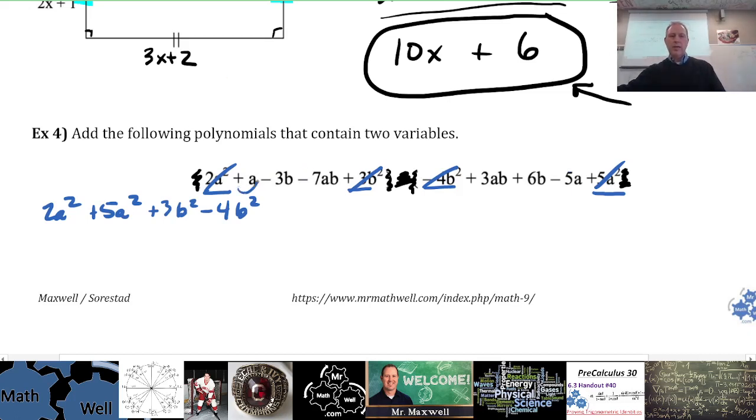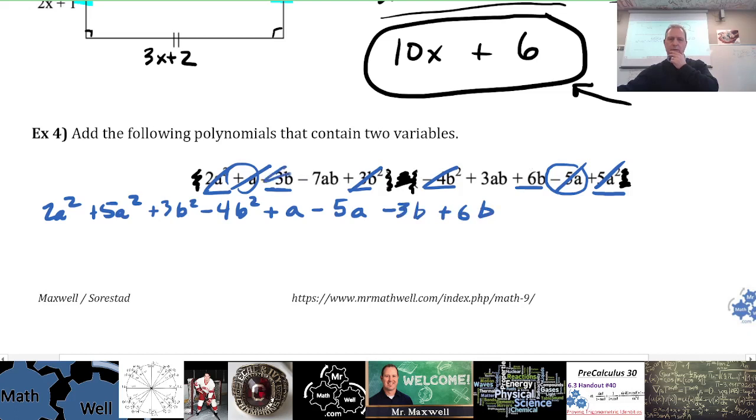Here's an a. Is there another a term somewhere? Right here. So I've got plus a minus 5a. Okay, b term. Is there another b term? Over here. So I've got minus 3b plus 6b. Those are gone now.